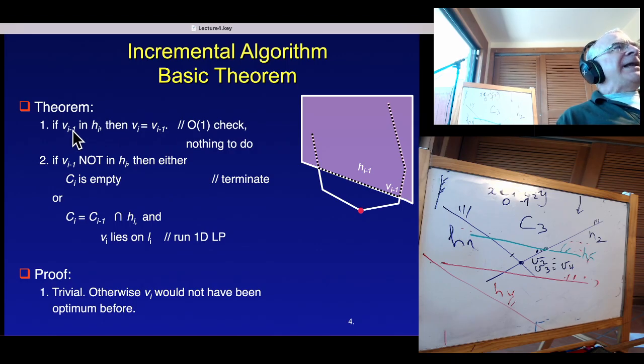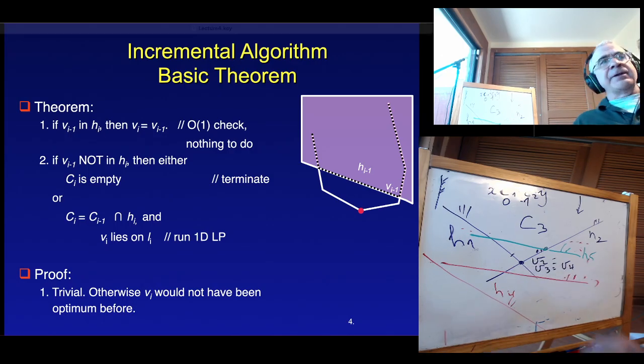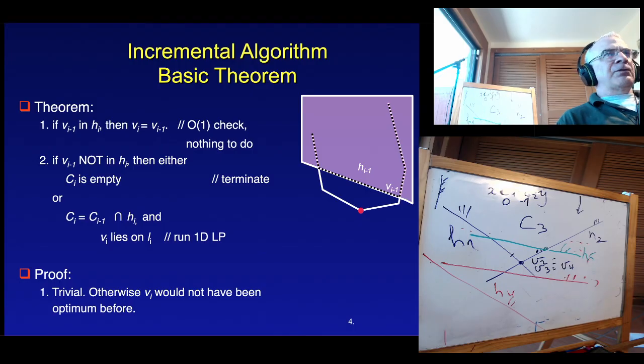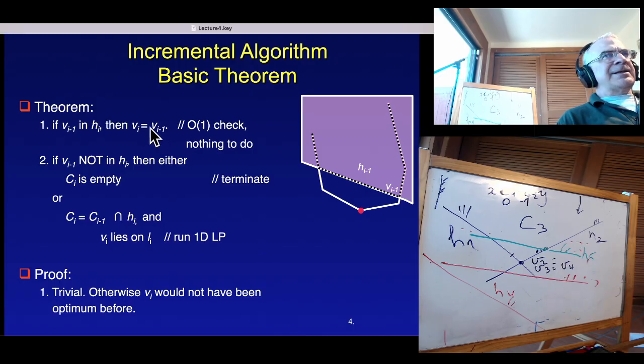So if vi minus 1 is inside hi, that was the case over here when I inserted h3, then vi minus 1 was the optimum before, and now you're adding a constraint, but this new constraint doesn't violate vi minus 1.